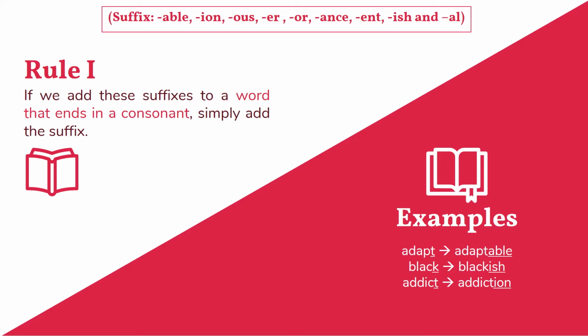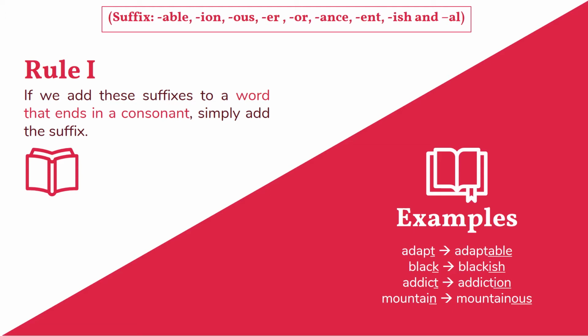Next, addict, addiction. Once again, the word ends with a consonant T, and at the end the suffix ion is added to it. And the last, mountain, mountainous. Here too the word ends in a consonant, N, and the suffix ous is added to it.